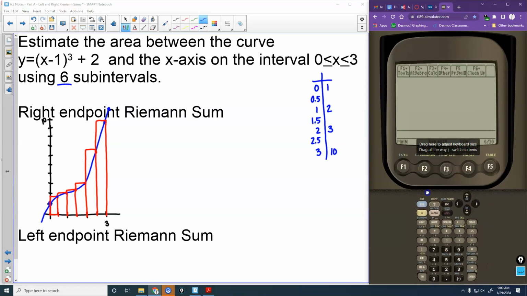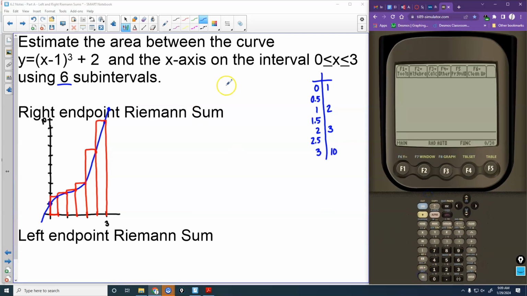Alright, so for this, we actually could do this to save ourselves a little bit of time. We could do x minus 1 to the third plus 2 and put that into y equals. We could go back to the main screen and we can just do y1 of 0.5. And that's going to give us 1.875.